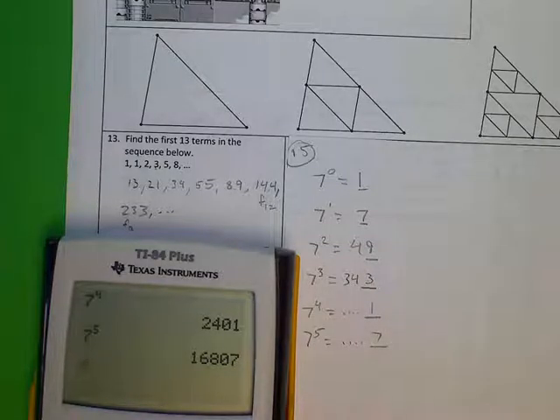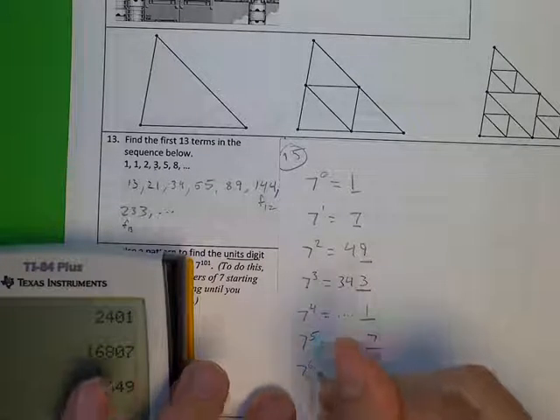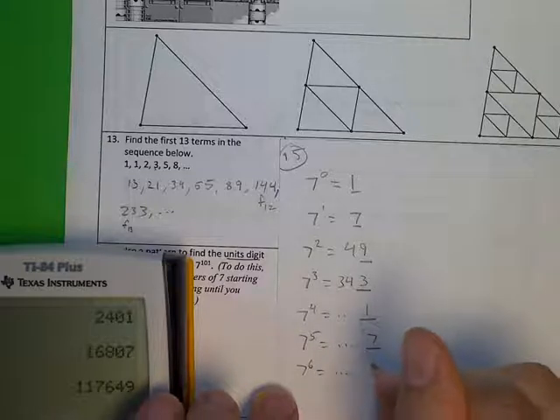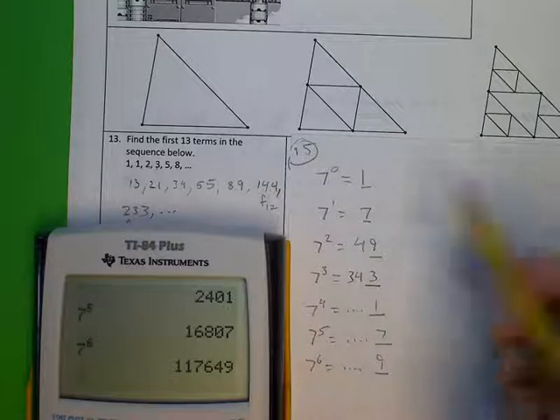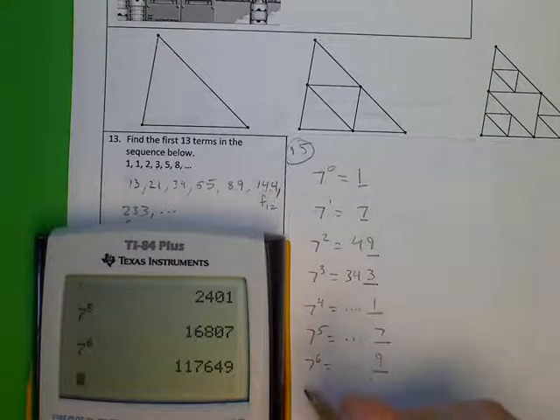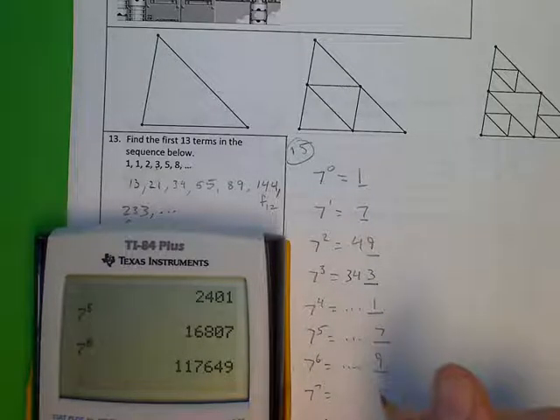So I bet 7 to the 6th, I conjecture that it ends in a 9. Hey, look at this. So 7 to the 6th equals blank, blank, blank, 9. It ends in a 9. That's the units. And so I might conjecture that 7 to the 7th ends in 1793. 179 and a 3.